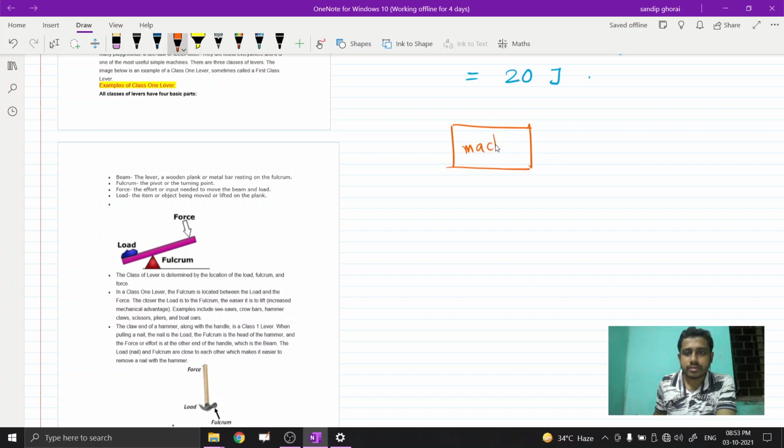For this machine, we apply a load which is basically, suppose, 50 Newton, and in this case effort is actually we can take 25 Newton. So what is the value of mechanical advantage?